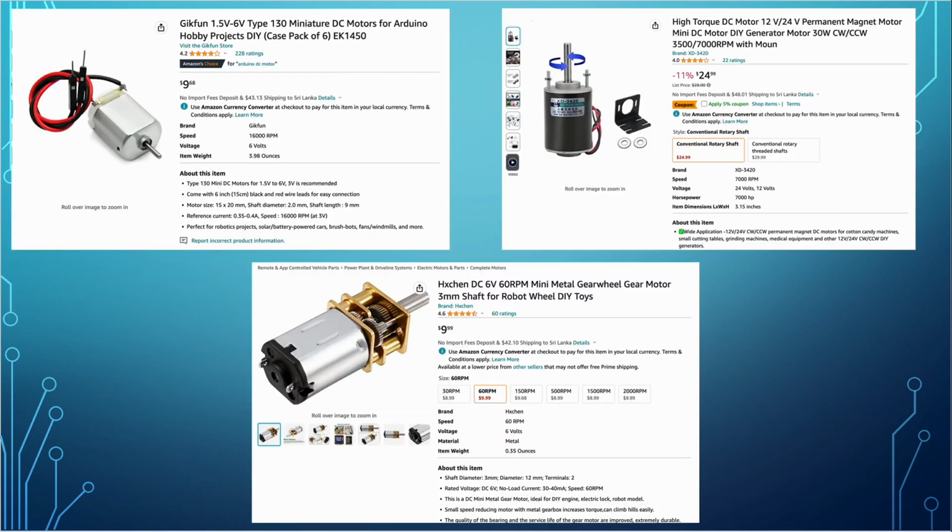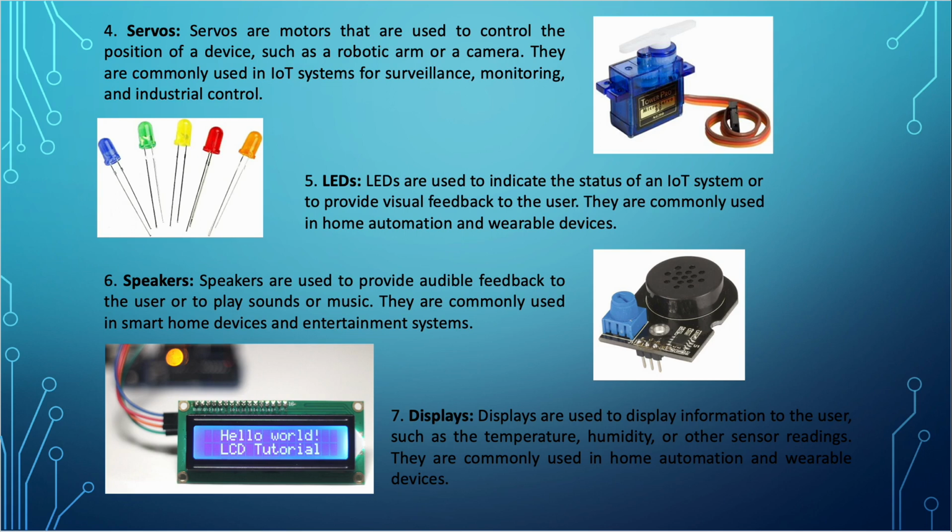Then, similar to our sensors, actuators also have their parameters and differences: the power, the ability of it, the power it uses. So depending on the scenario, we should be able to select the correct actuator. Then we talked about servo motors, LEDs, speakers, displays, and so on.